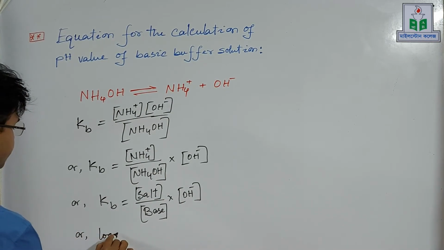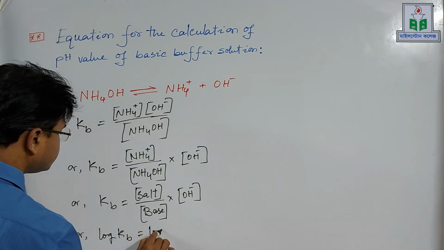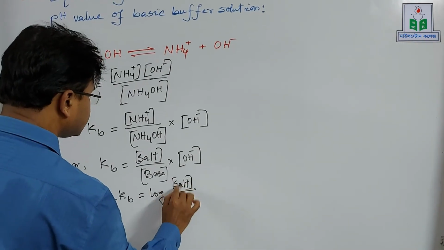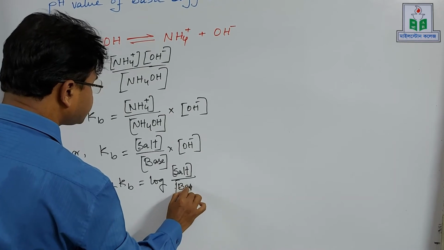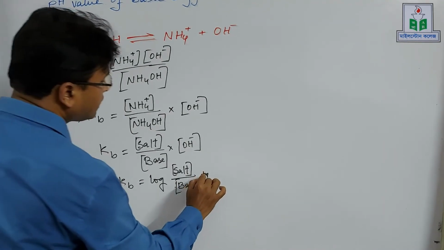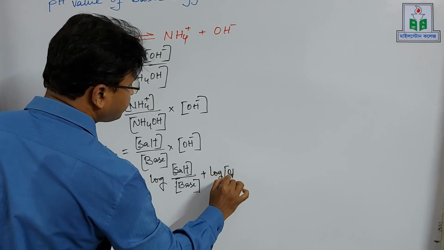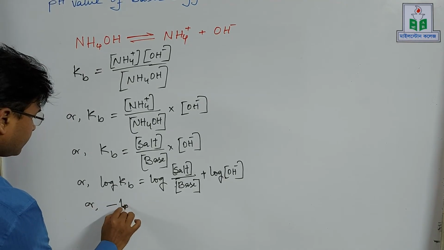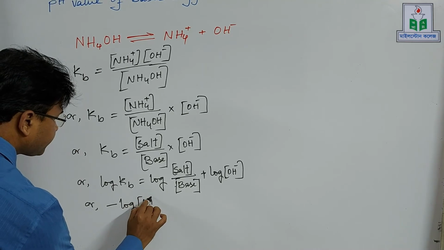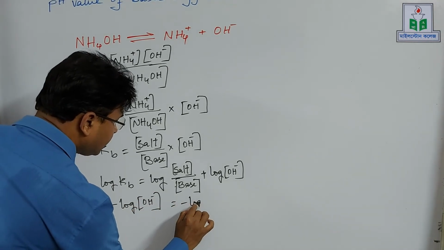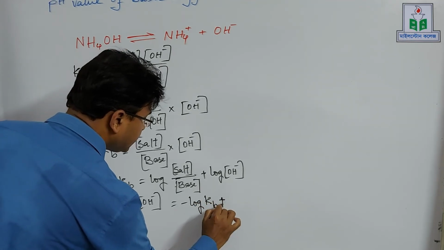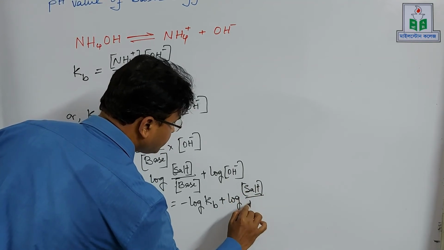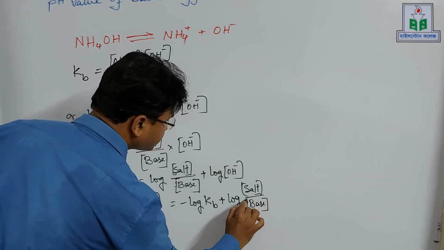So log Kb equals log of molar concentration of salt divided by molar concentration of base, plus log OH minus, and then after side change, minus log OH minus equals minus log Kb plus log molar concentration of salt divided by molar concentration of base.